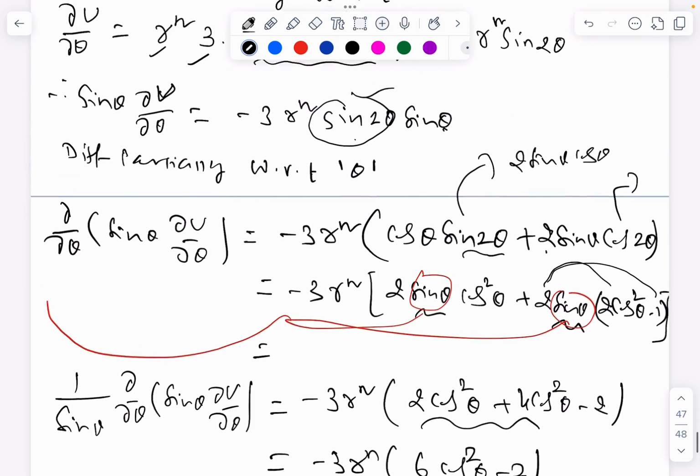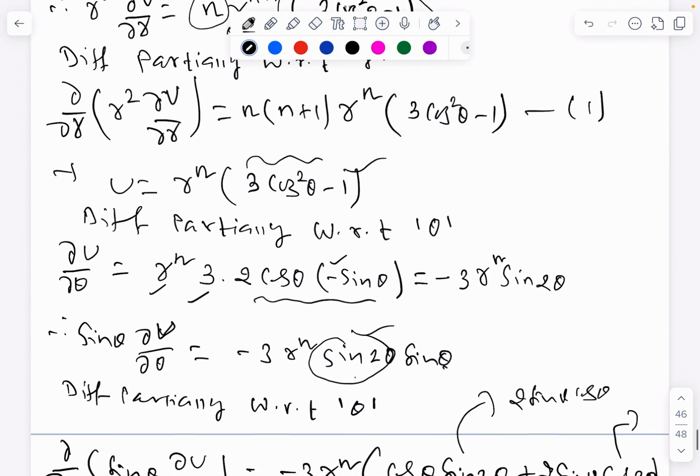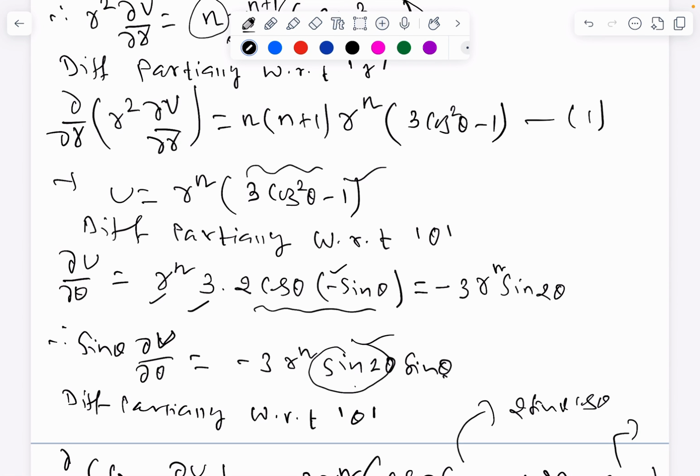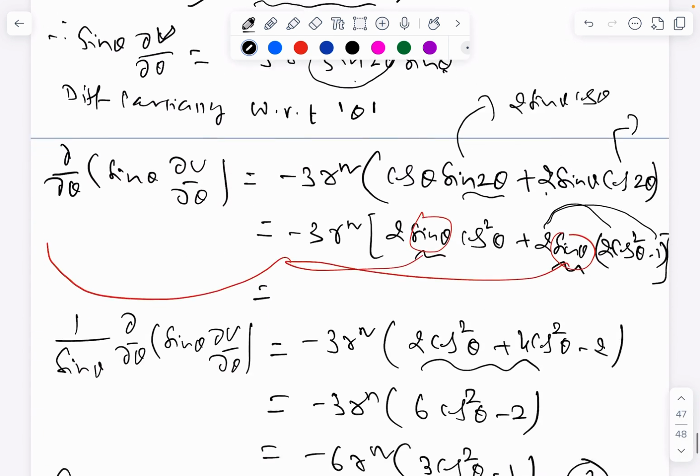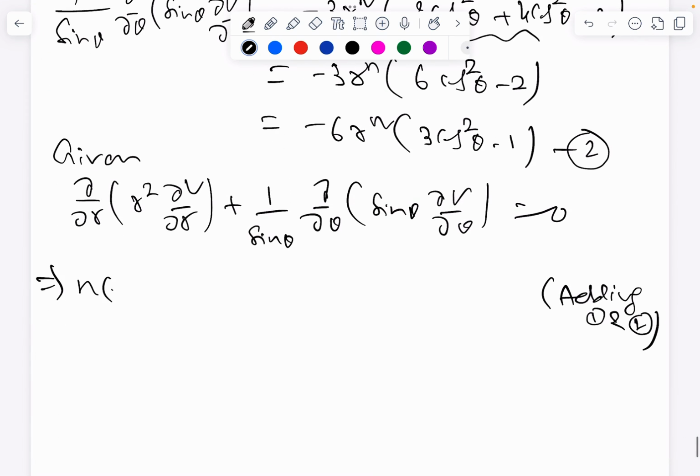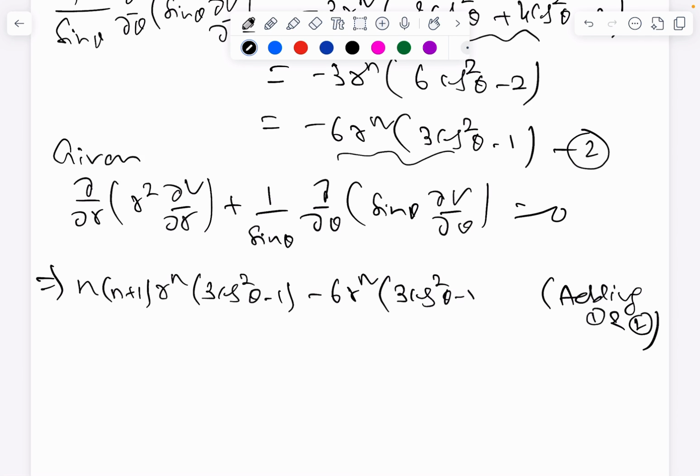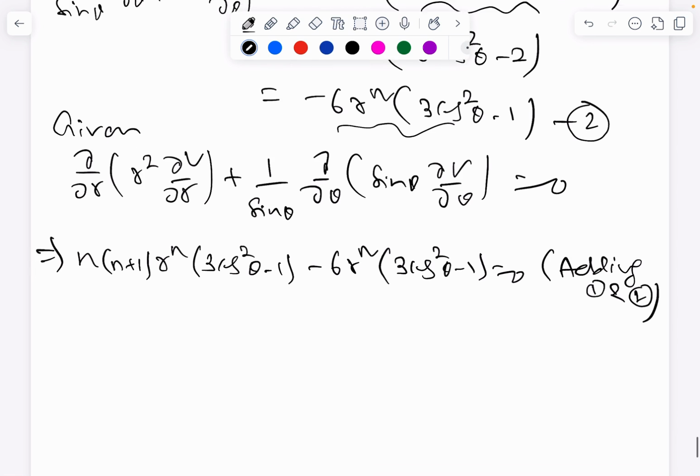So what is 1? This one n plus 1 r power n 3 cos square theta minus 1, that is n into n plus 1 r power n into 3 cosine square theta minus 1 plus, this is minus sign, minus 6 r power n into 3 cosine square theta minus 1 equal to 0.